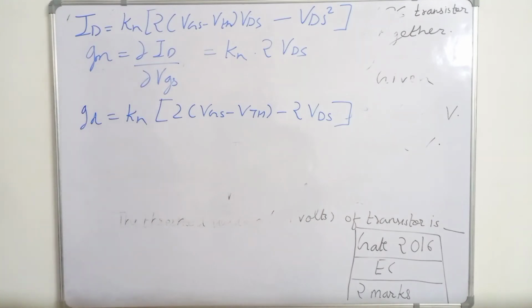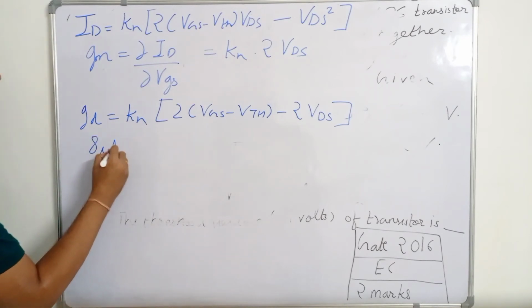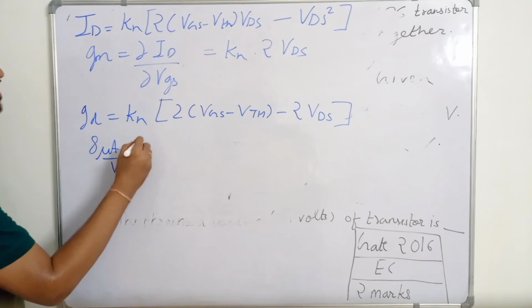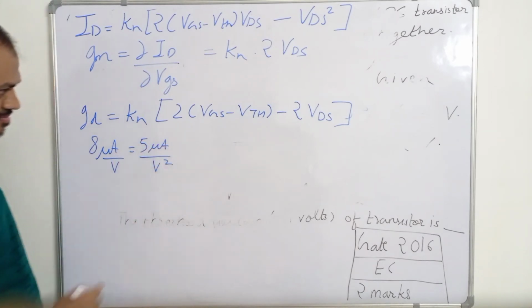The value of GD was given as 8 microampere per volt for VGS equal to 2 volt and VDS equal to 0 volt, and Kn we have found to be 5 microampere per volt square.